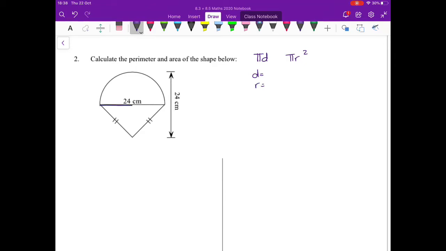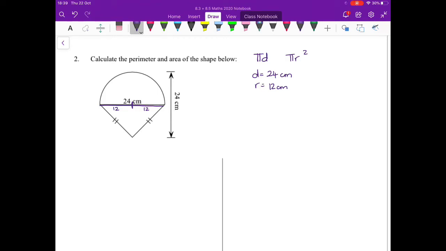From this we can see that the diameter is 24 centimeters. The radius is then going to be 12 centimeters. Because this is an isosceles triangle, this would be 12 and this would be 12.